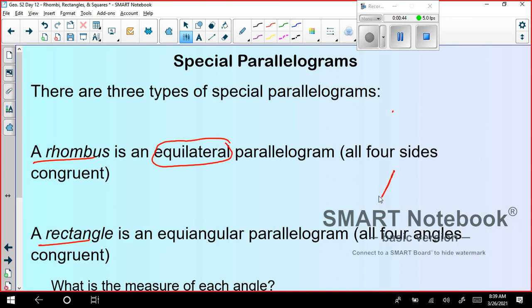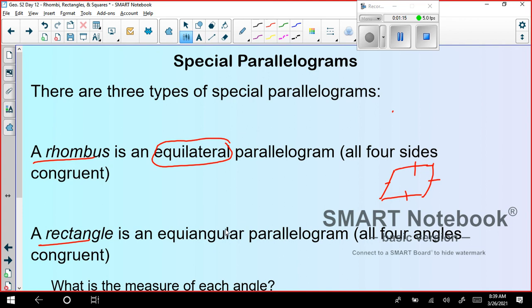So it's something like this, where all these sides are equal. Basically it means it's a parallelogram where all the four sides are equal.